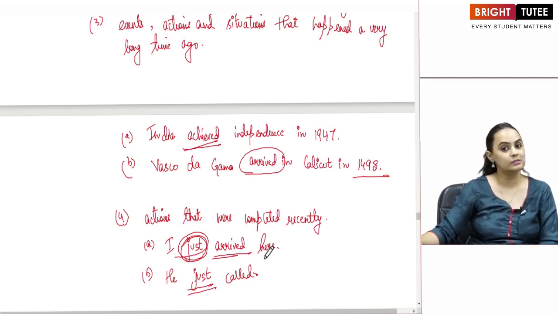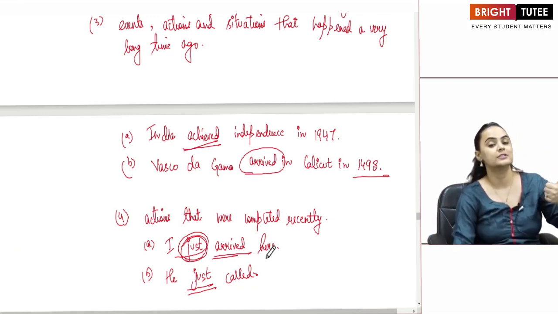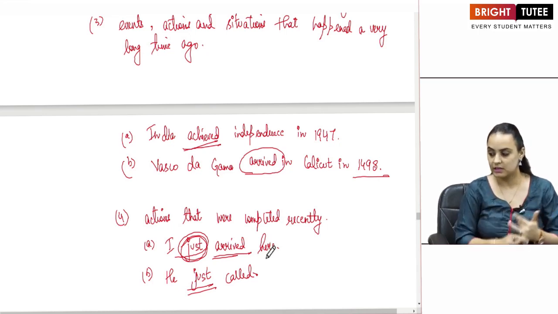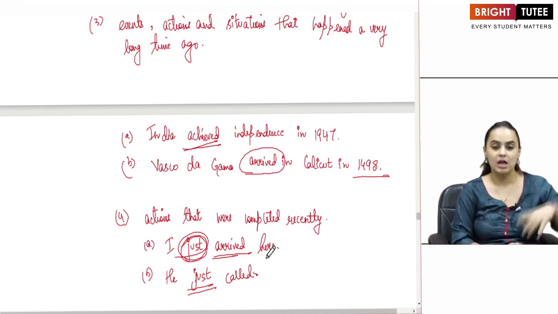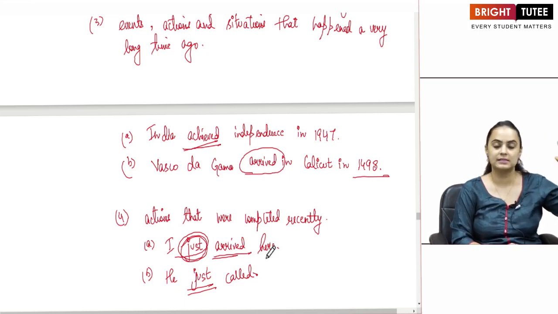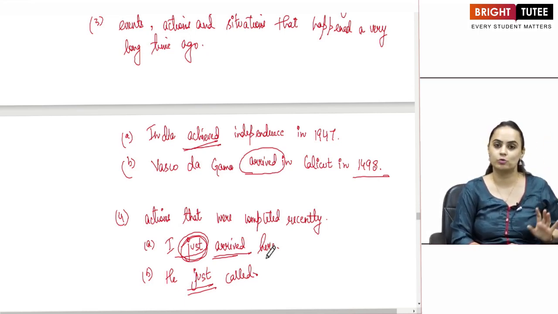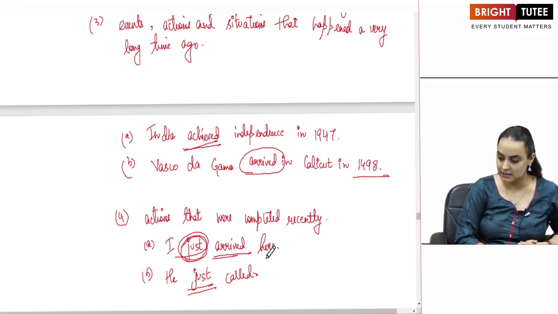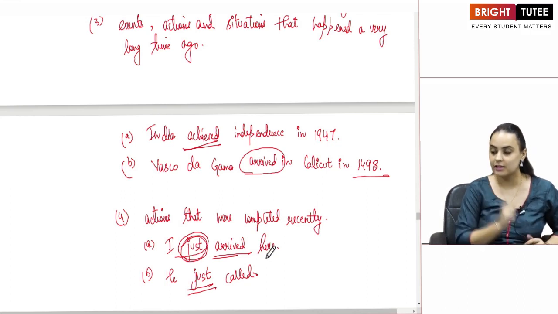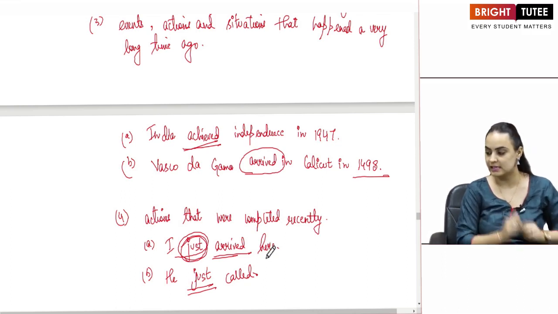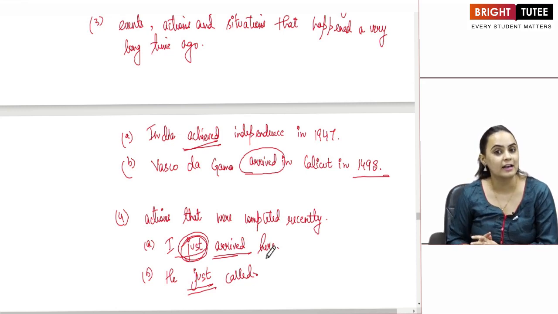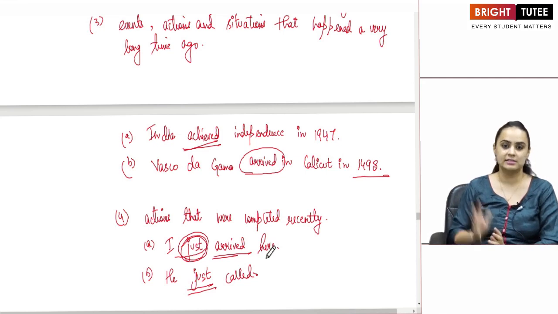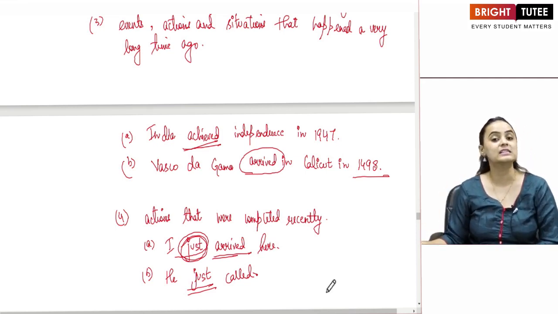So what are the uses of the simple past tense? First, it is talking about some past habit of yours. Second, it talks about some action which began in the past and it ended in the past, only at a specified time. That is also the simple past tense. The next use for the simple past tense is it talks about some action which took place very long time ago and then some action which just completed recently.